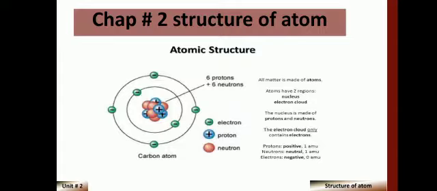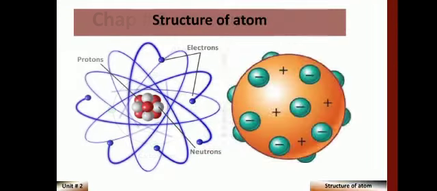Atoms have two regions, that is nucleus and electron cloud. The nucleus contains protons and neutrons, while the electrons revolve around the nucleus. The structure of atom is the same as this.